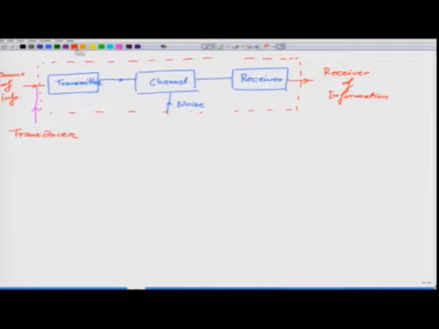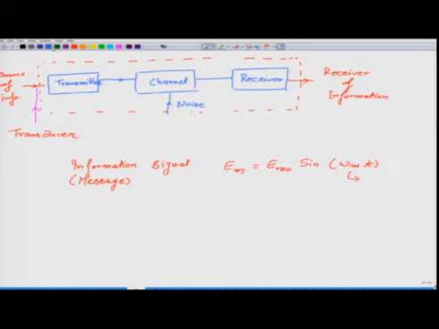Then we derived the equation of the amplitude modulated wave. If I write the information signal as EM, that is our message signal, and the electric field was given by Em0 sine of omega mt, where omega m is the angular frequency of the message signal.